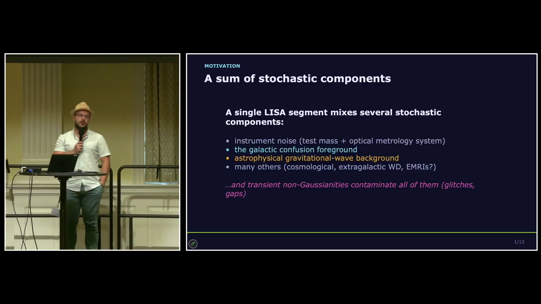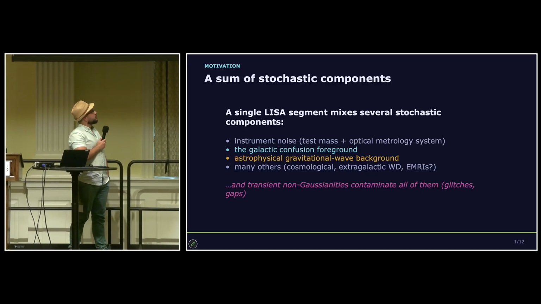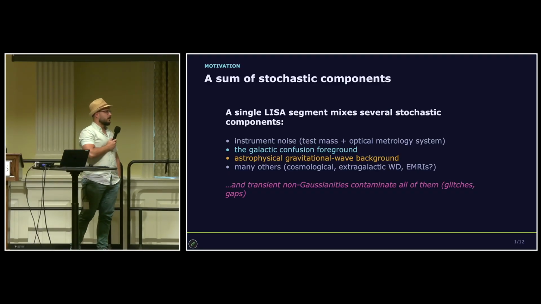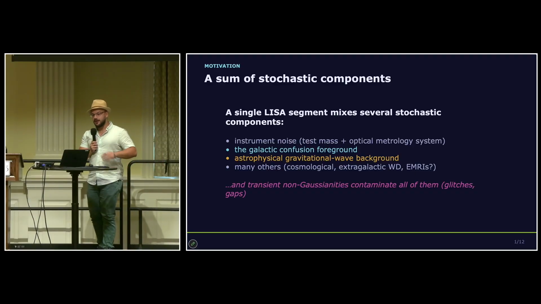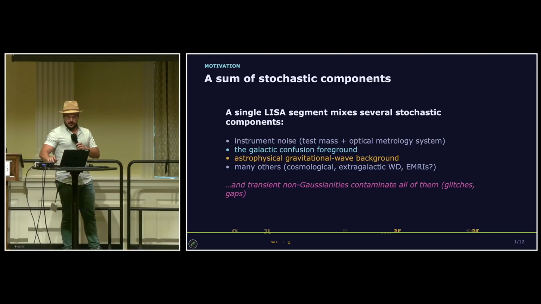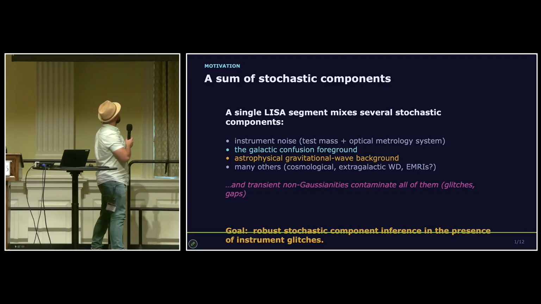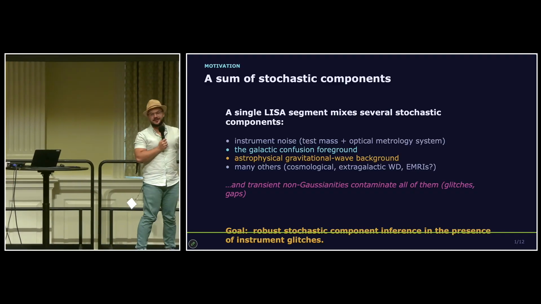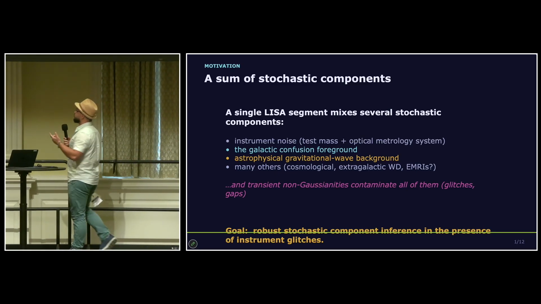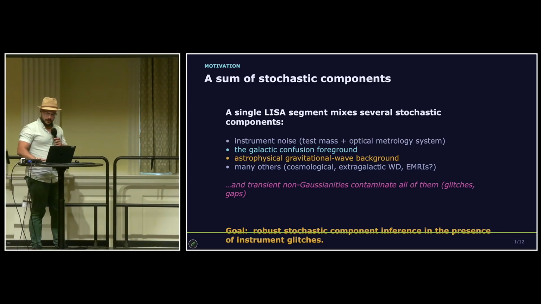And this will all happen in the presence of non-Gaussianities. Here specifically, I'll be talking a lot about glitches, but also data gaps, every other source, essentially in the way. So the question is then, how do you do robust stochastic component separation in the presence of non-Gaussianities, and quickly?